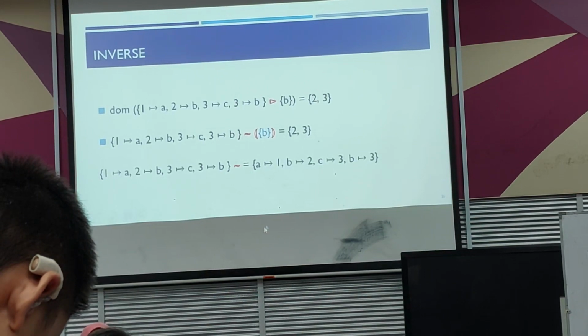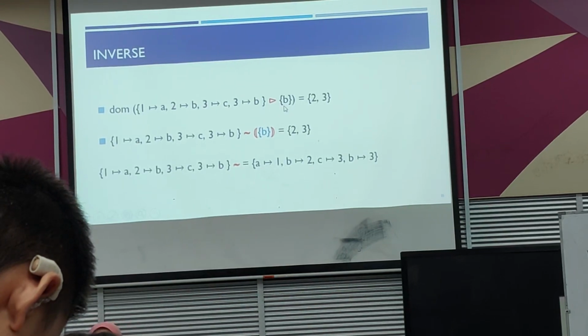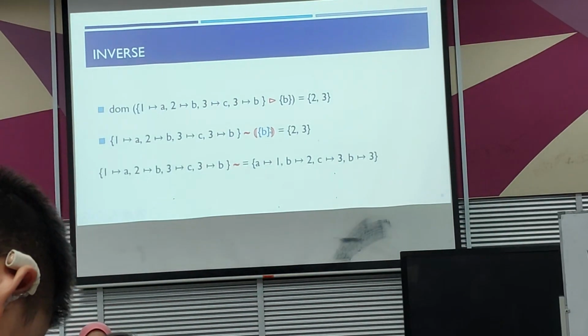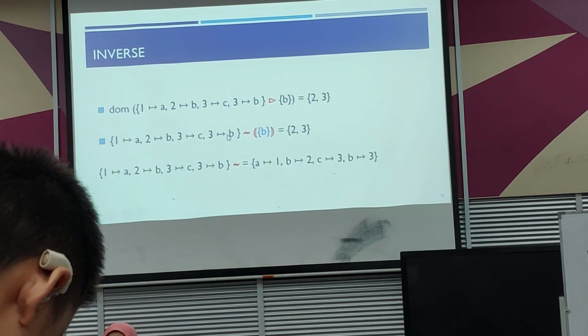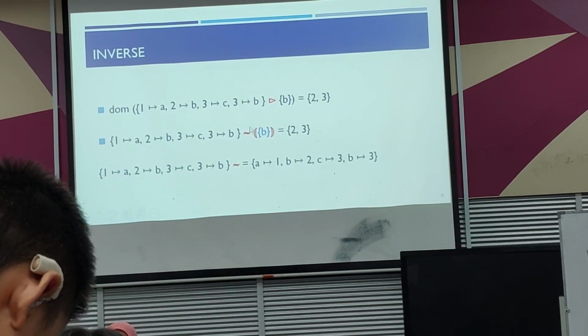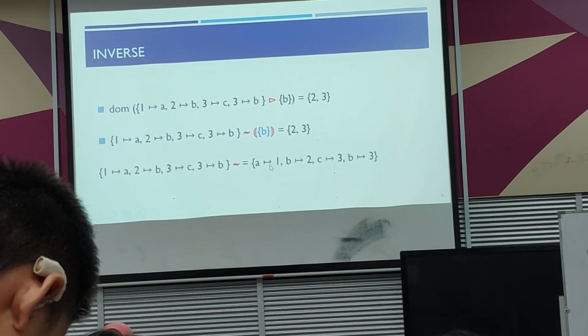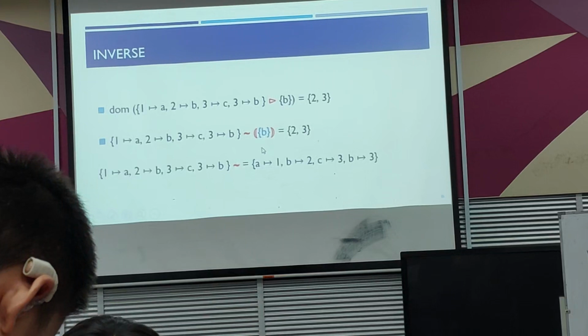Okay, so similar to what I showed you just now, you have the range restriction, and then you put DOM, the answer will be there. Then you can also use the inverse operator like this, you do searching like this. So when you do inverse operator, the data will be swapped.